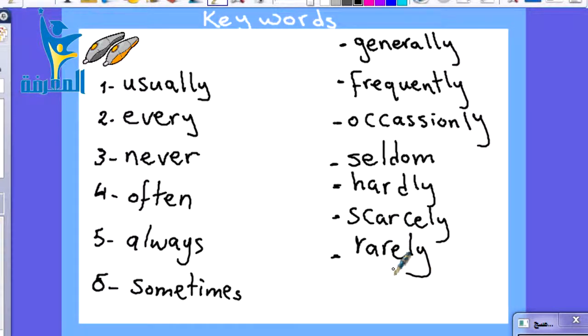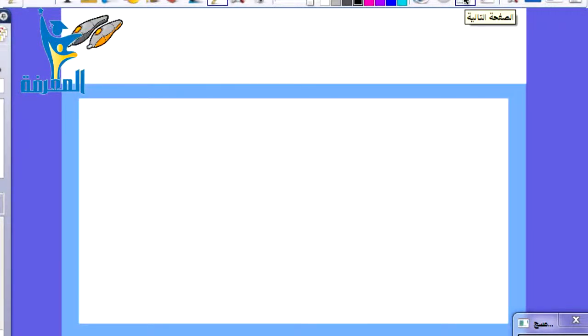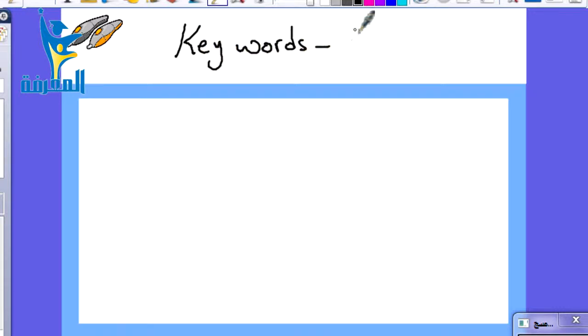These are the keywords of the present simple tense. Let's give you some examples about keywords.